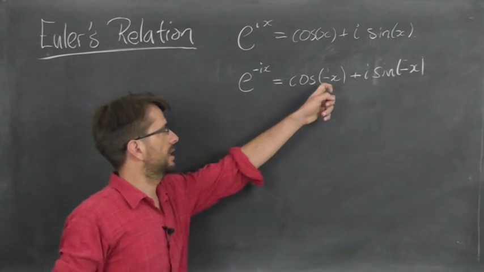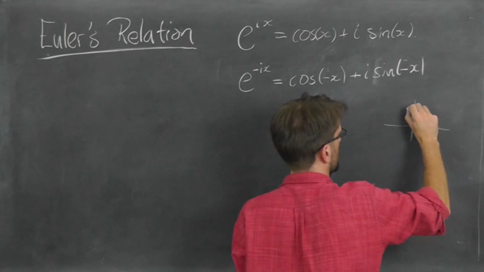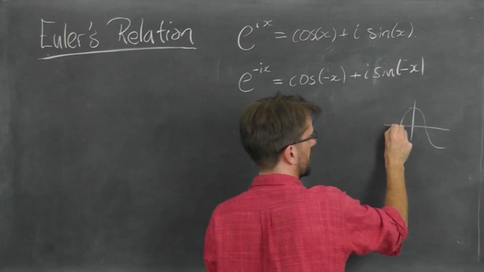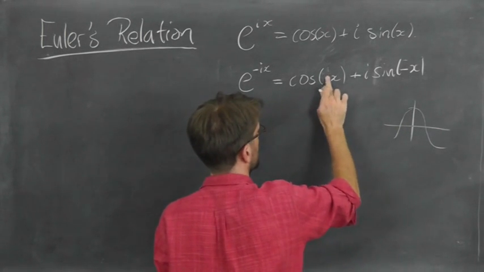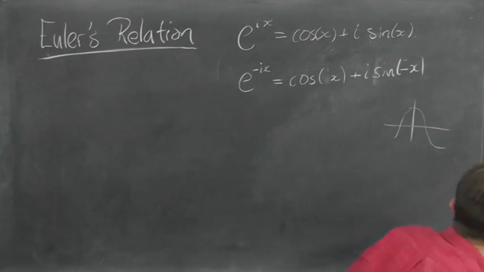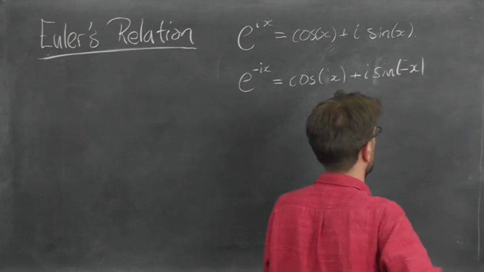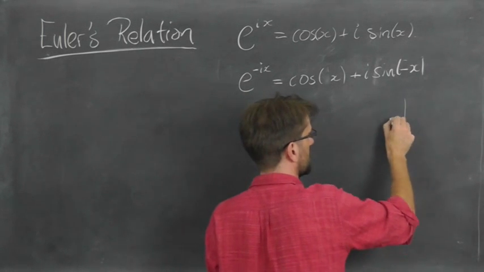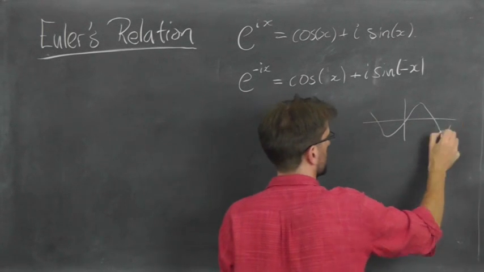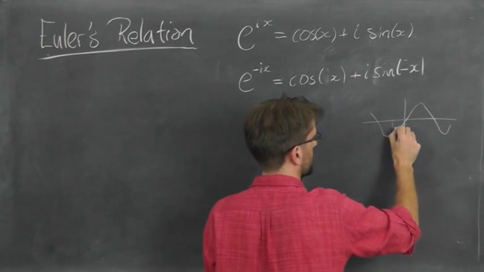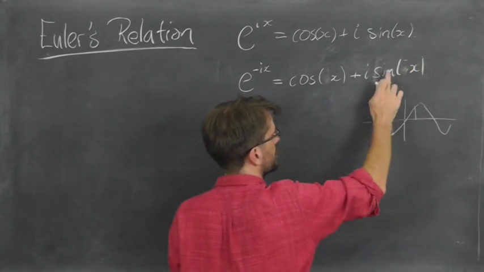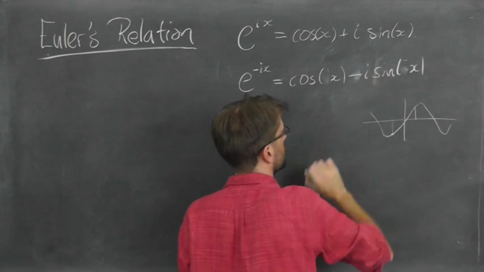Now cos is an even function, so cos of minus x is the same as cos of x. And similarly, or kind of the opposite rather, sine of minus x is minus sine of x, because sine is an odd function. So if we're at minus x, then we're at the minus value of where we would be at plus x. So I can change sine of minus x into minus sine of x.